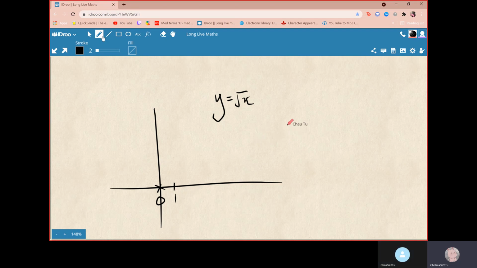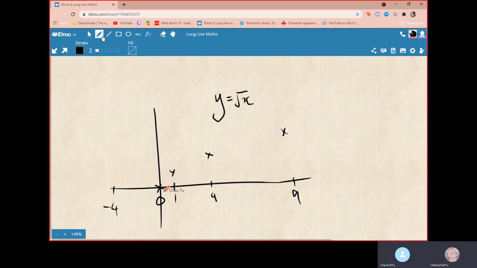1. What's the square root of, let's say, 4? 2. What's the square root of, let's say, 9? 3. Yeah, so it looks like this. What's the square root of negative 4? You can't do that.